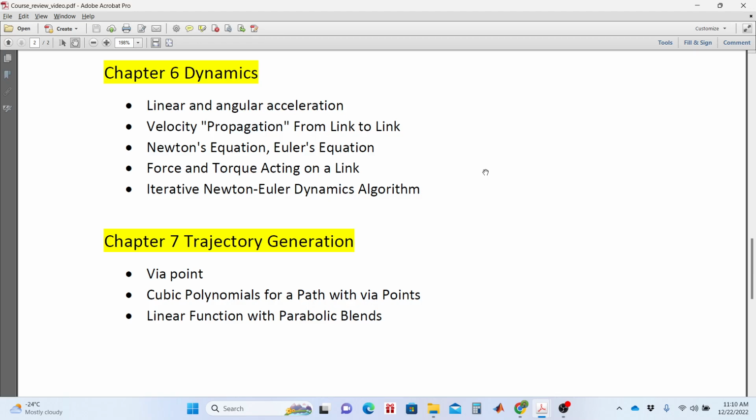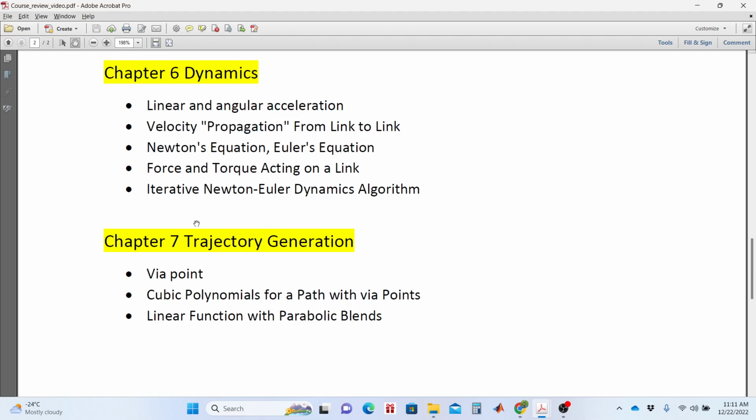And in chapter 6, Newton's equation and Euler's equation are also reviewed, and from Newton's equation we actually learned how to calculate force and torque acting on a link. And we also learned the iterative Newton-Euler dynamic algorithm to find out this omega dot, and later we learned how to find out this torque and force.